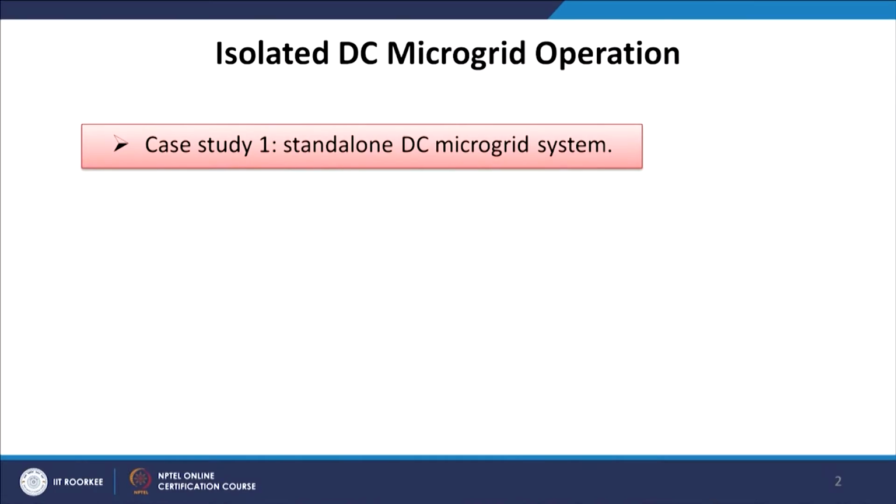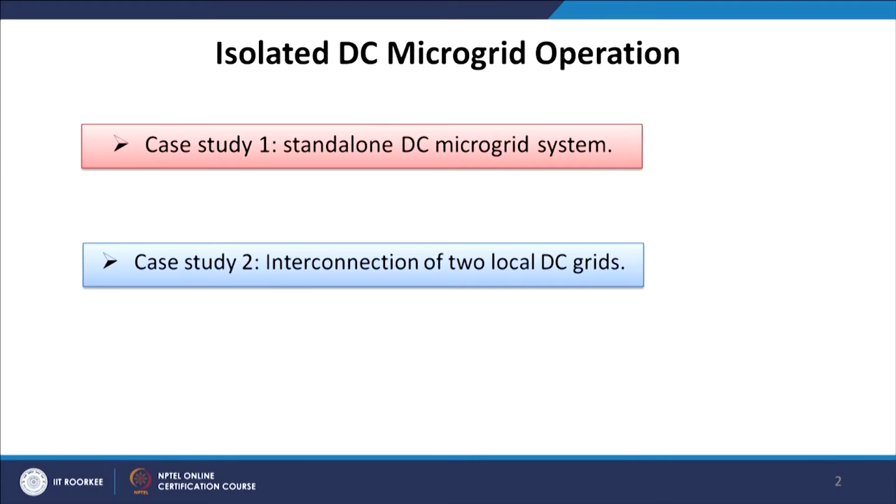Moving to isolated DC microgrid operation, there are two major operational issues. One is case 1, where a standalone DC microgrid system, which is very common, feasible, adaptable and realizable.